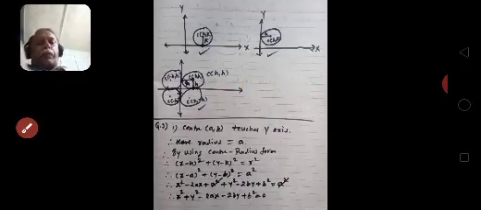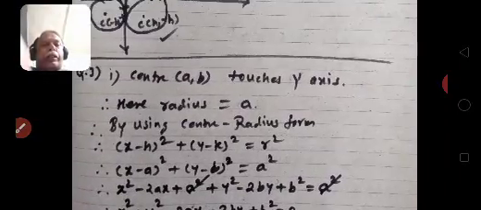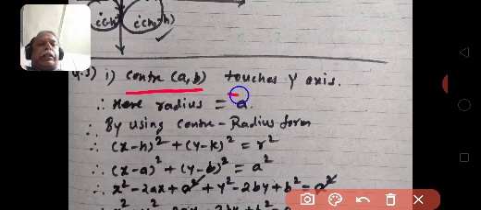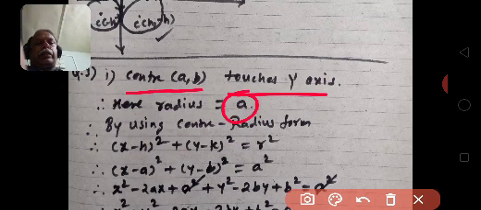Okay, now there is question number 3, first part. If the center of the circle is (a, b) and it touches the y axis, then what is the equation of such a circle? Here the radius is a. Why? Because the circle touches the y axis, that means the radius is equal to the modulus of a.